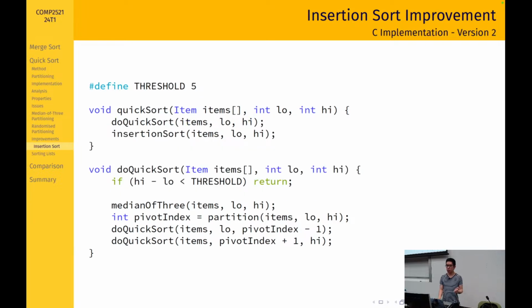Another way is to defer that until the very end: if you have a subarray that's small enough, you don't sort it, and after the quicksort process is done, you call insertion sort on the entire array. Both of these are roughly equivalent, but I'd say the second version is a bit better because you're only calling insertion sort once on the entire array. So that is the insertion sort improvement to quicksort.